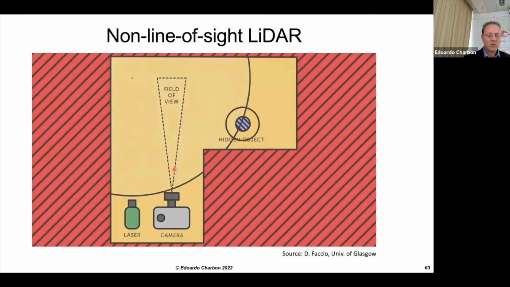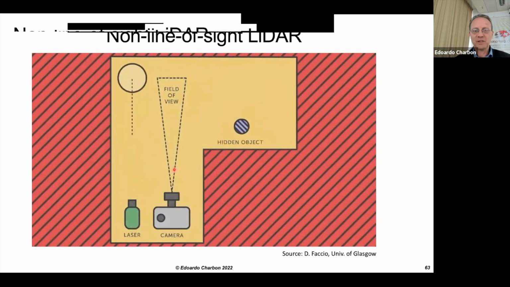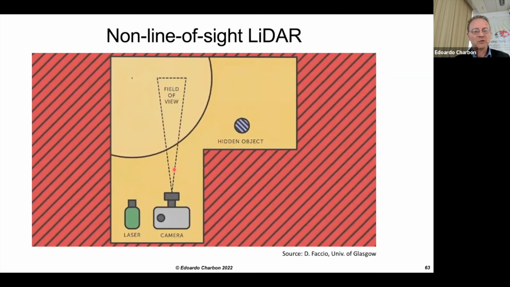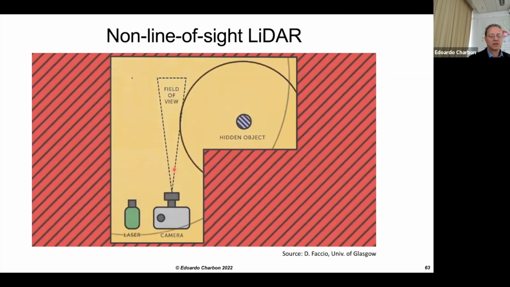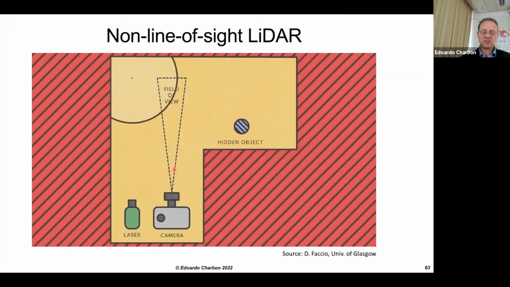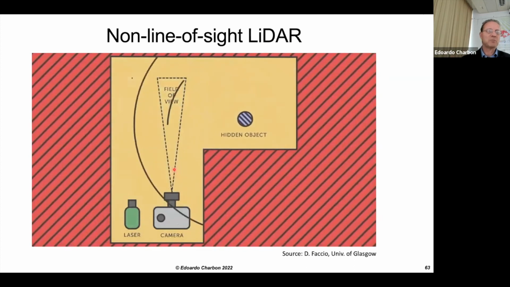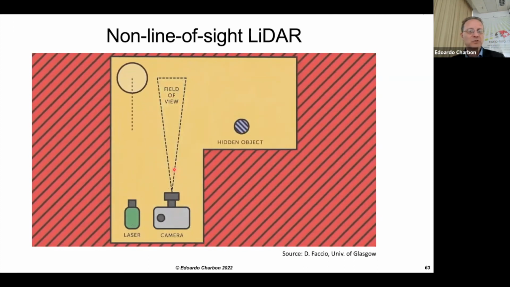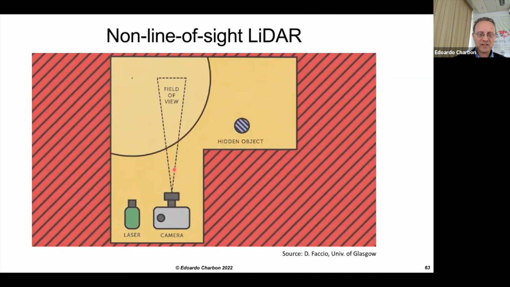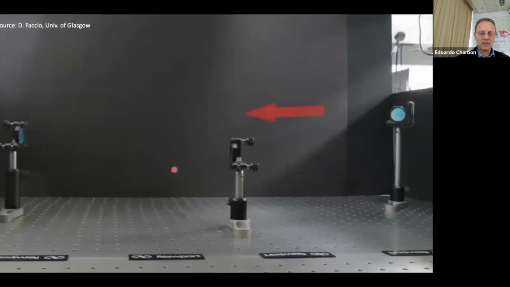So this is one of the applications, but there are other applications that are perhaps related to safety and security. For example, if you are looking at a smoky environment, you're looking at objects and people that you want to save, and you want to be able to see through these complex scenes.